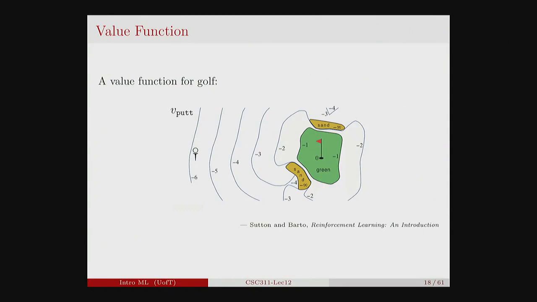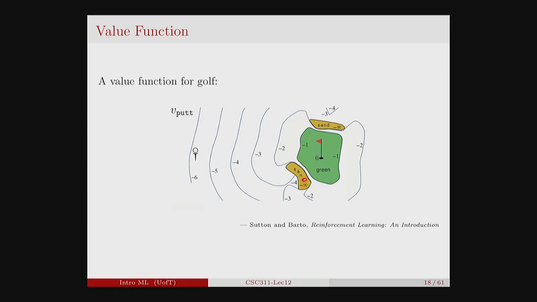So you can visualize what this value function is in certain circumstances. So this is an example of what a value function would look like when you have continuous states rather than discrete ones. This is a game of golf, and the goal is to be able to get the golf ball into the hole. And so the hole itself has a value function of 0. And so if you're close to the hole, you have a value function of -1.